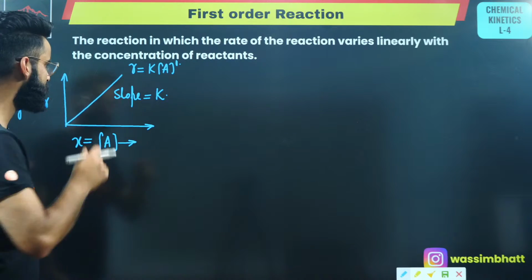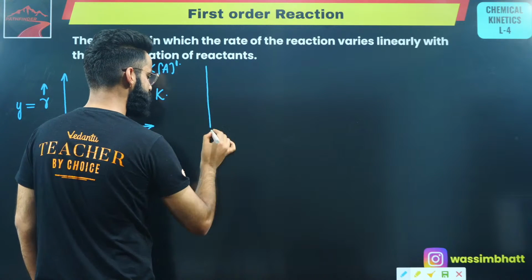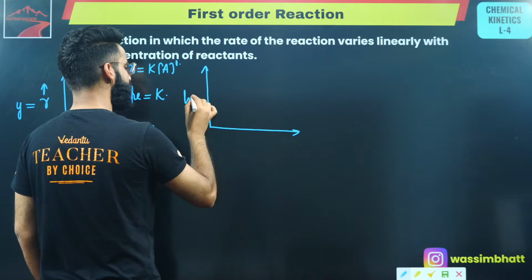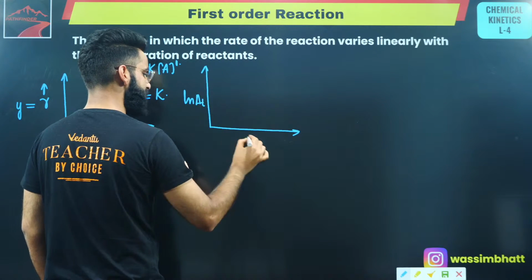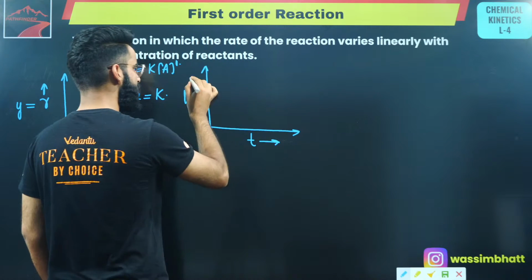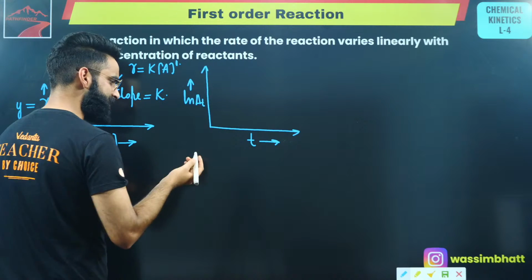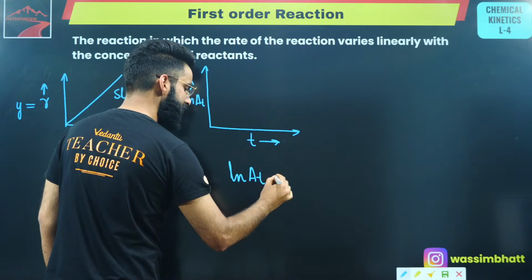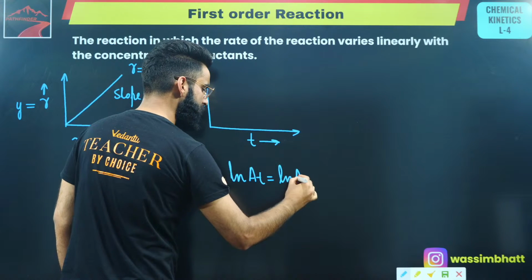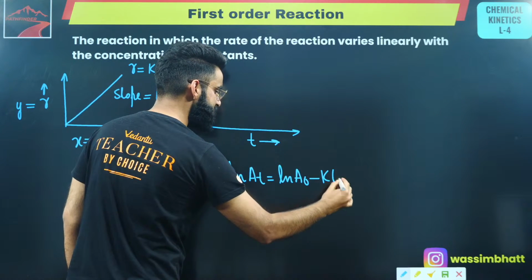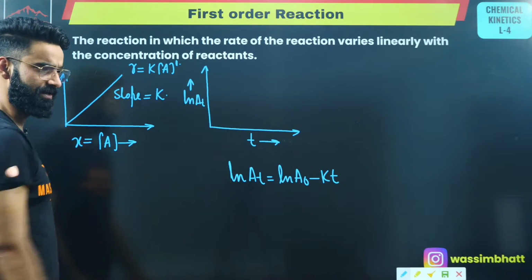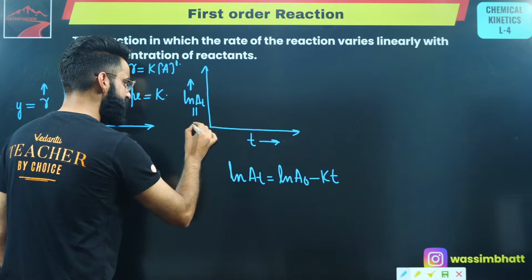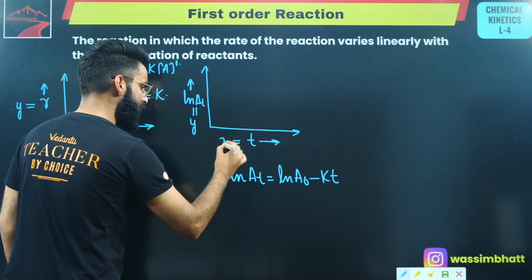The second curve which I'm going to plot for the first order reactions is ln of At versus t. A few minutes back, I gave you one equation, if you remember. That was ln of At is equal to ln of A naught minus kt. This is the equation which I gave you for the first order kinetics. I'm plotting ln of At along the y-axis and t along the x-axis.